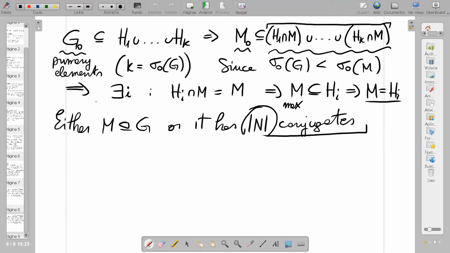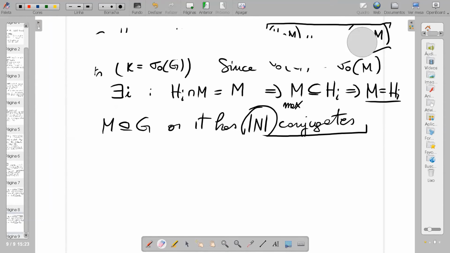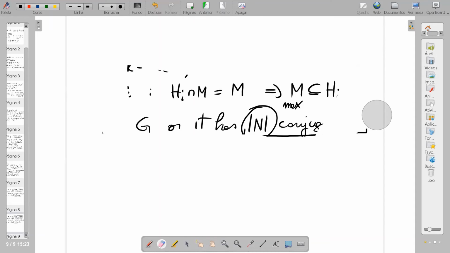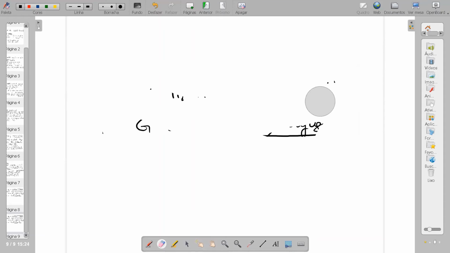And then let me move to the second result that we have in the paper, which is the following. Let's call it Theorem 2.